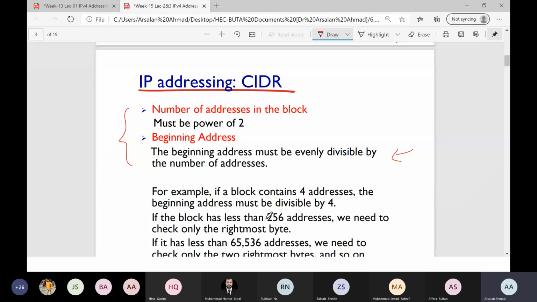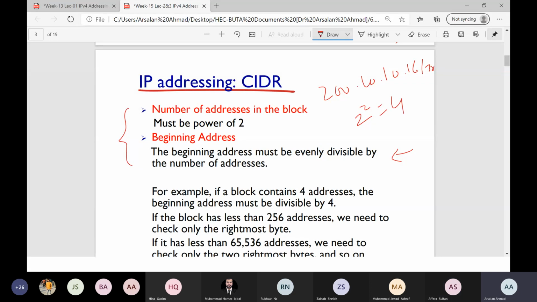Let me give you an example. For instance, if I write something like 200.10.10.16/30, now /30 means host ID, how many bits are in the host ID region? 2 bits, 2 raised to power 2, so only 4 addresses.